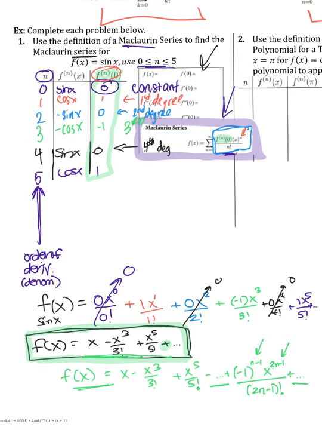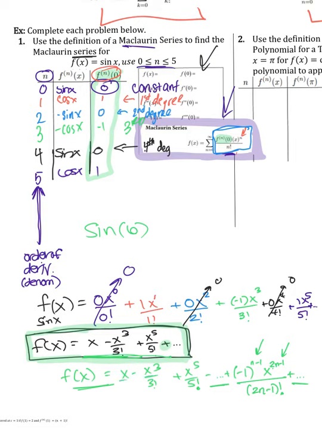And what I mean by that is, what if I asked you to approximate what sine of 6 was? Now, I don't know about you, but I would be pretty quickly reaching for my calculator to figure out what that is. But what we're saying is that you could use a Maclaurin polynomial, if we wanted to shorten this, to approximate that value, or you could use this series representation to give an exact value of sine of 6.